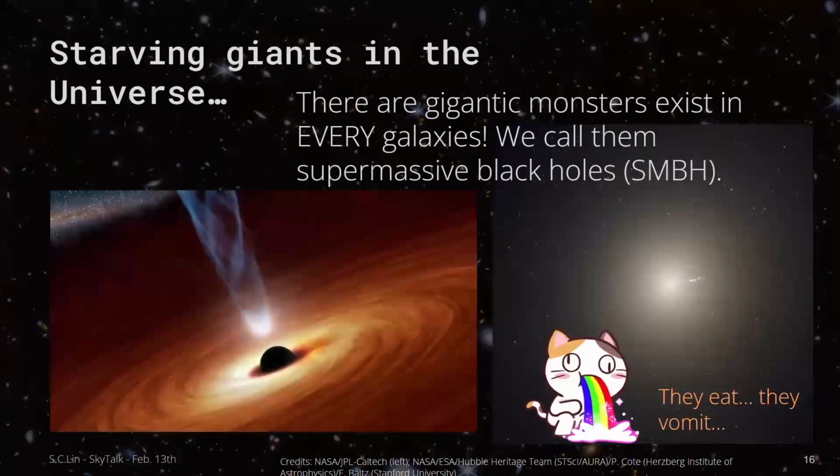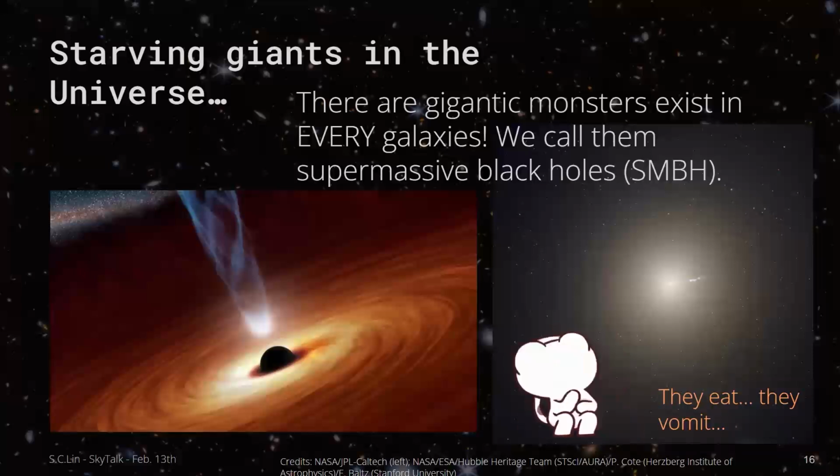But black holes are not simply just black holes. As I said before, a black hole can be described by three simple parameters. So you can imagine that there are black holes as heavy as our sun, or sorry, a little bit heavier than our sun.